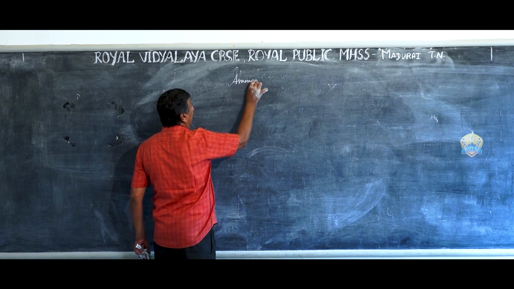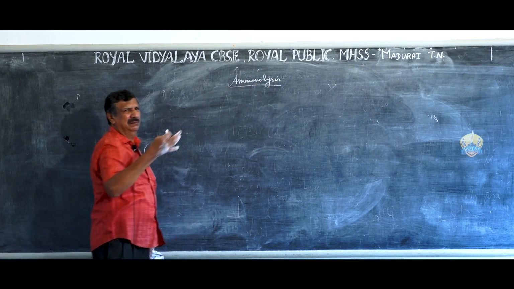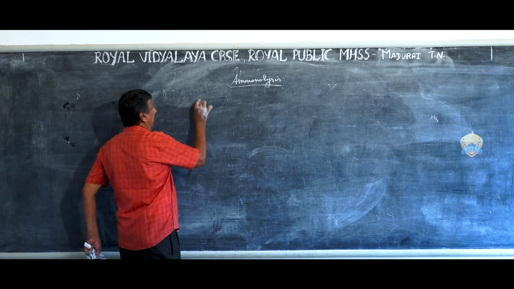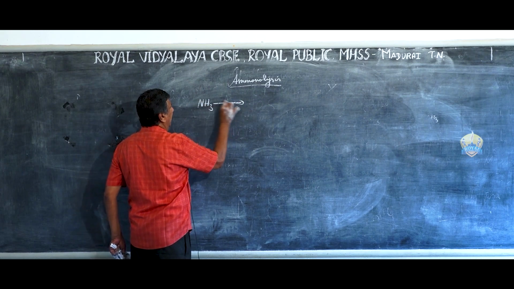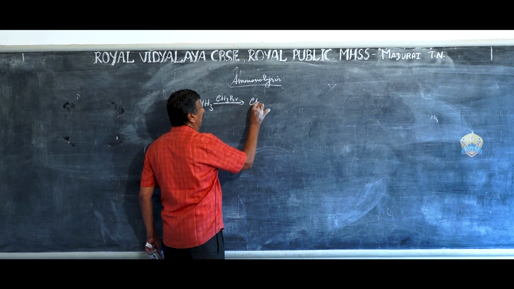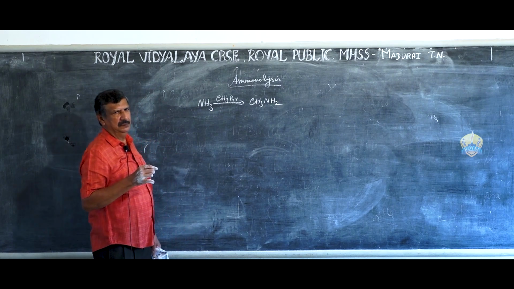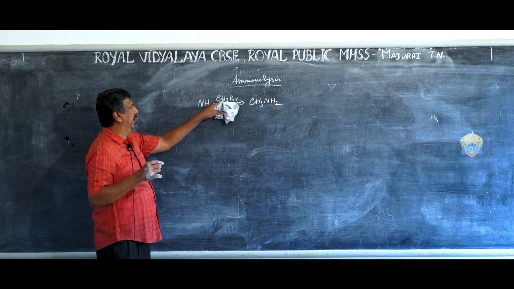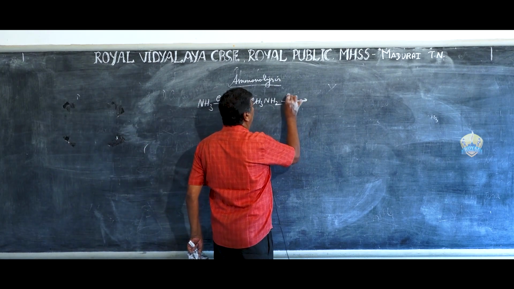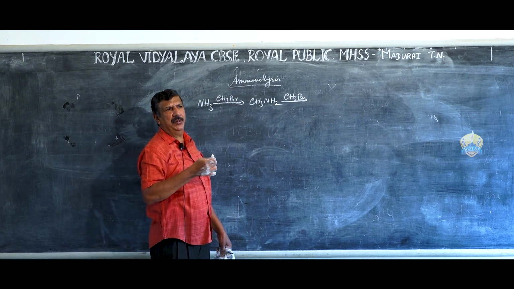Ammonolysis. Many reactions I am repeating again, because they are already known to you. I'll write it like this. When ammonia is treated with methyl iodide or methyl bromide, first one hydrogen will be replaced by a methyl group to form a primary amine. Secondly, when you treat again, the second hydrogen is also replaced.